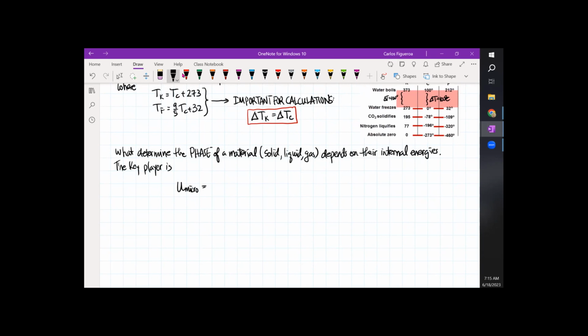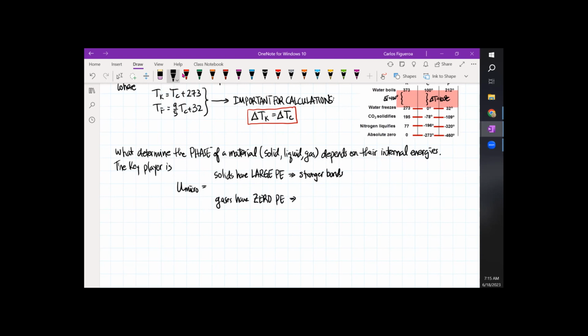So if I look at the micro potential energy, well, if I have a solid, solids have large potential energies. And so typically what that means here is that they typically have stronger bonds between the molecules. On the other hand, if I have gases, ideal gases, that is, have zero potential energy.